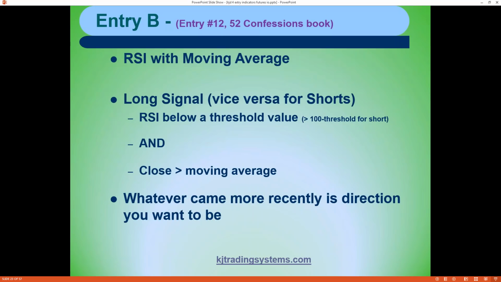So just that is a good entry, but it stays in place as an indicator until the reverse happens, where the RSI goes above 100 minus that threshold for shorts, and then the close is less than the moving average. Most of these, I believe all the ones I'm talking about today, are symmetrical, so whatever I say for long, just do the exact opposite for short.